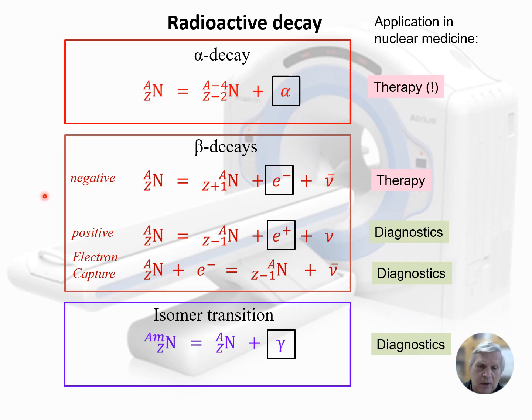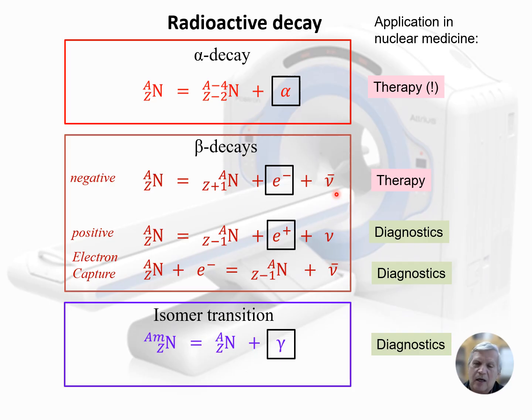If this is not optimal, if we have more neutrons than needed, then we have the negative beta decay. When you have negative beta decay, the mass number does not change, but the atomic number will increase by 1. And you see an electron emission plus a so-called antineutrino, which is a very elusive particle.